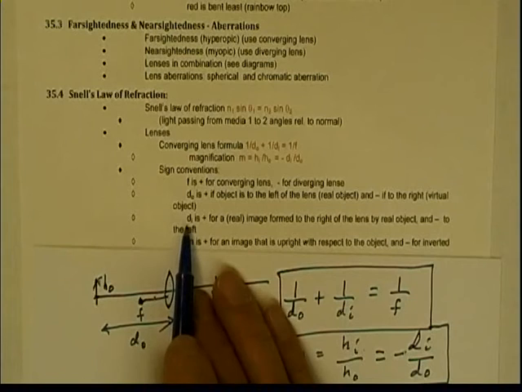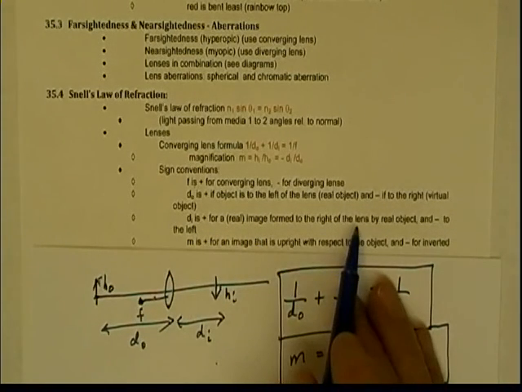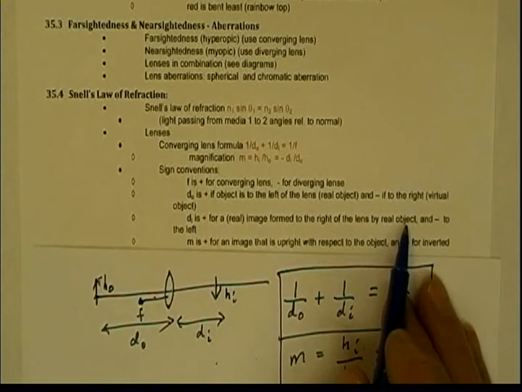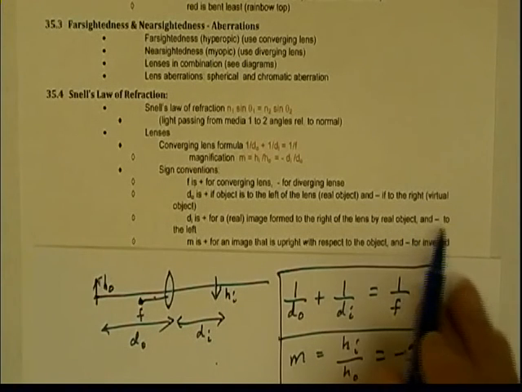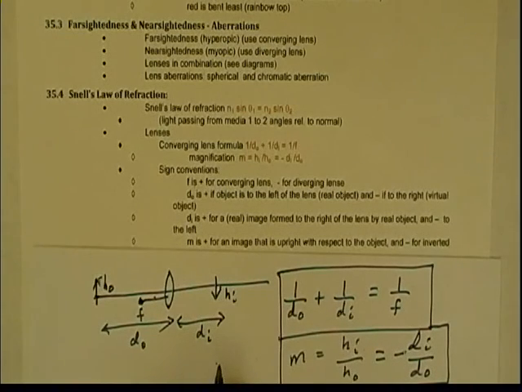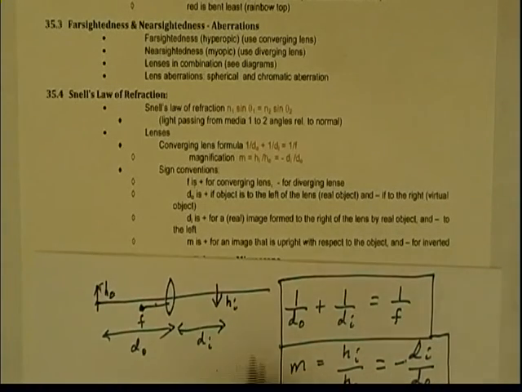So automatically, when we solve for dI, if it's positive, we're going to get a real image on the right-hand side, and for a converging lens it will be one that's real and can be formed. But if it's negative, it's going to be to the left. In other words, like the diagram we showed a minute ago, the object would be to the left of the lens if it couldn't converge.